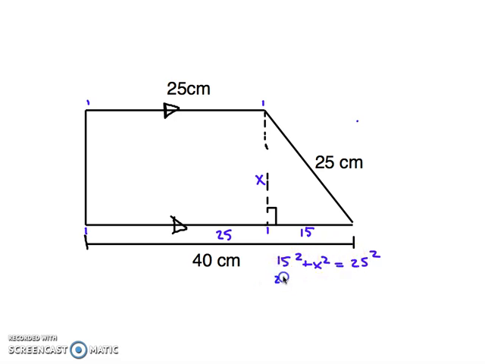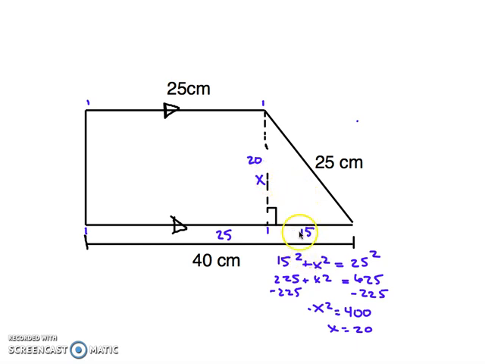So when we solve for that, we're trying to find our x, and we would get x equals 20. So now I know that my height right here is 20.